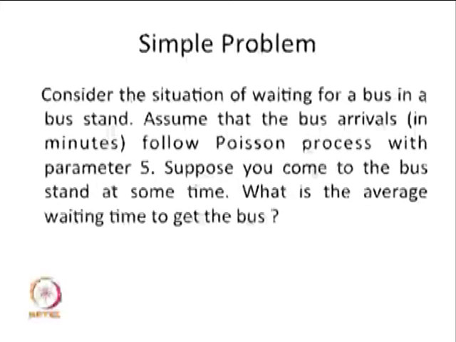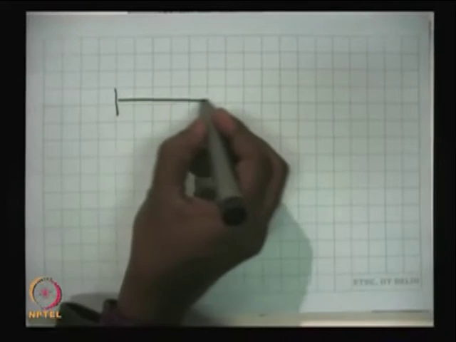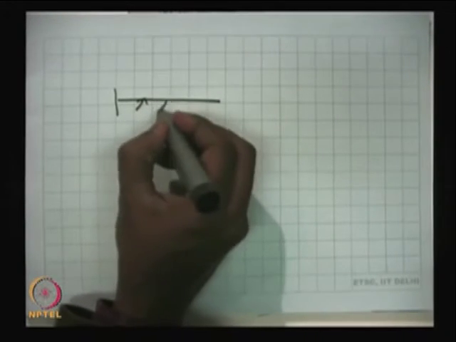Here the question is, what is the average waiting time? So, I can use the Poisson concept here. The arrival of a bus follows a Poisson process.